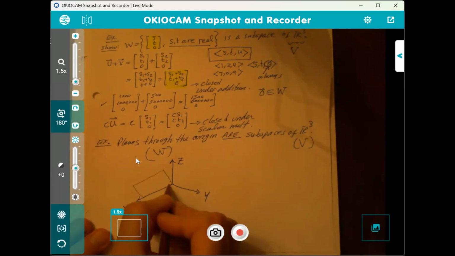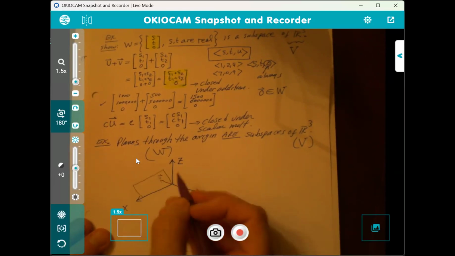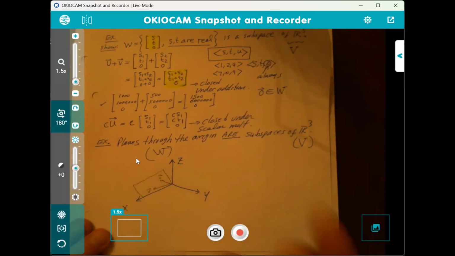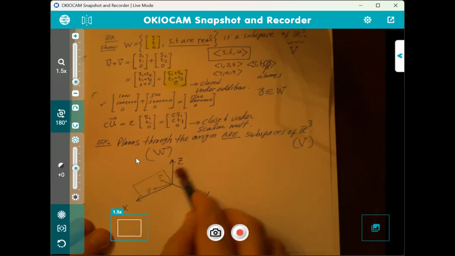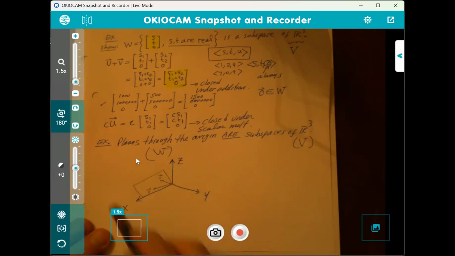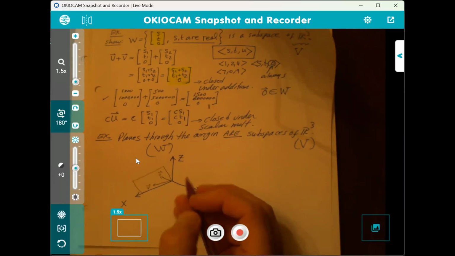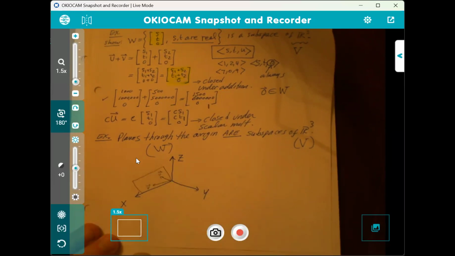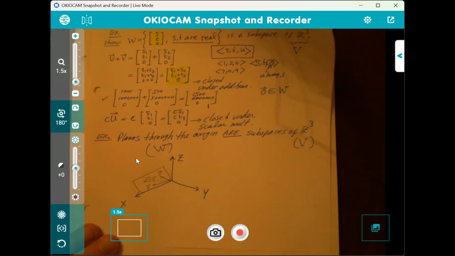Okay, and suppose this is vector u, and this is vector v. Remember, this plane goes in that direction forever, in this direction forever, in all directions. So you're looking at just a portion of that plane. So u plus v is going to be in there. This is u plus v. That means it's closed under addition.